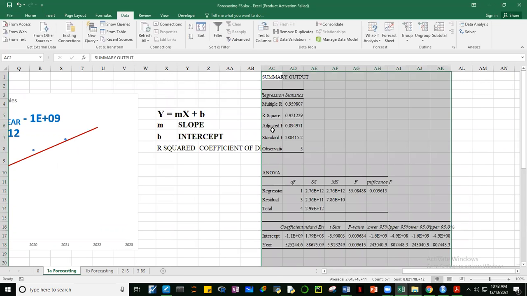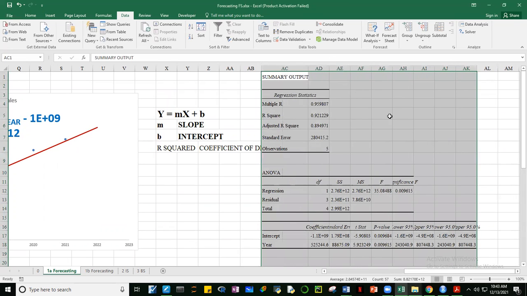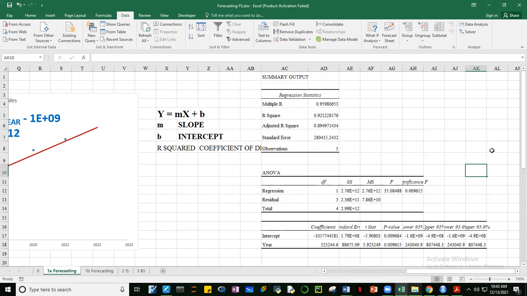Okay, then there you go, guys. So you have your regression statistics. Very quickly, guys. Kita niyo to, no? Ito, R squared. Andyan si R squared na nakita natin kanina.